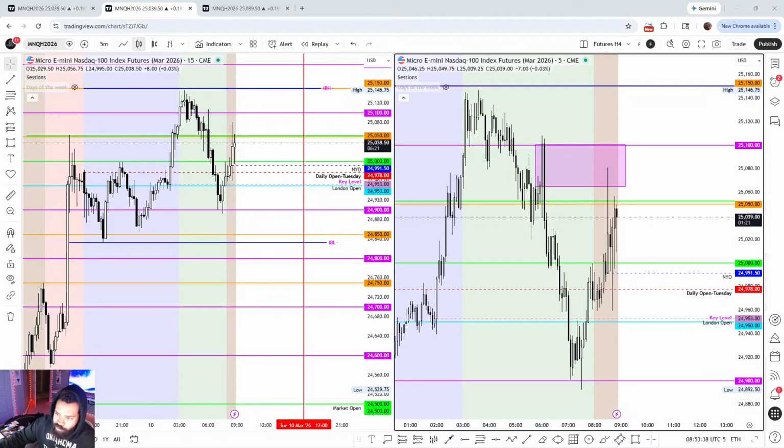I like how they're responding here still in that 25.020s, and they failed to just fall over fast, so we'll see.